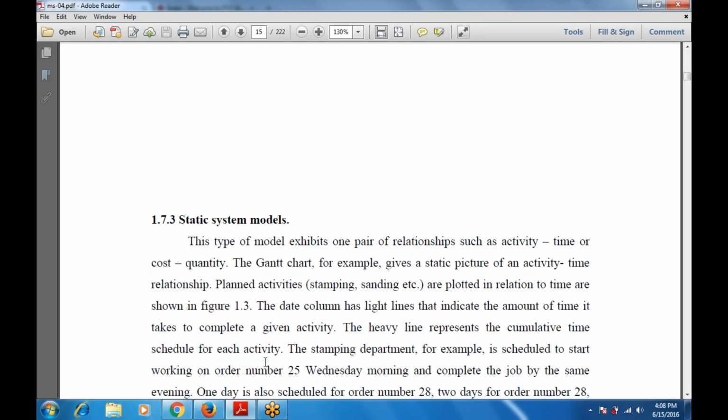That means activity that is taken against time, or the cost that is the quantity. And this gives a static picture of an activity that is represented by the Gantt chart, that is the time relationship. So when we talk about planned activities, planned means predefined activities, represented with the help of pictures, arrows, and models. The planned activities that are plotted in relation to time are shown in figure 1.3.